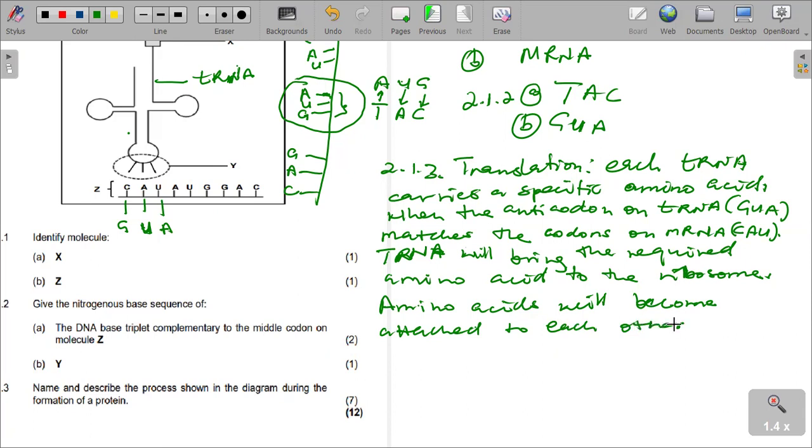The chain or these pieces of amino acids will become attached to each other by peptide bonds to form the required proteins.